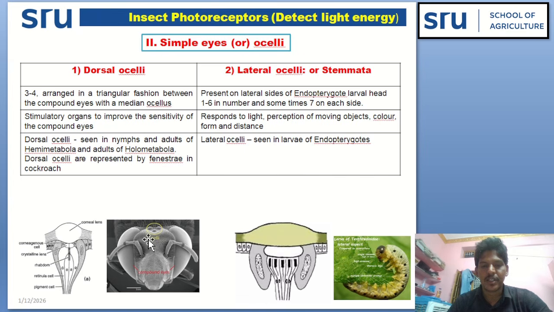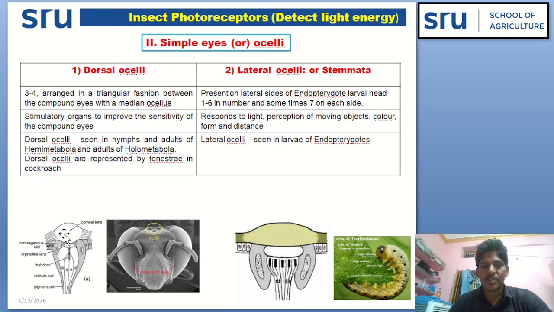Dorsal ocelli, 3 to 4 in number, are arranged in a triangular fashion between the compound eyes with a median ocellus. Lateral ocelli are stemmata present on either side of the Endopterygota larval head, 1 to 6 in number and sometimes 7 on each side.